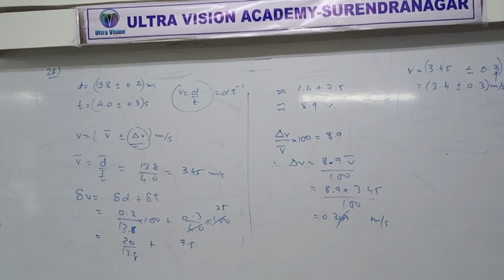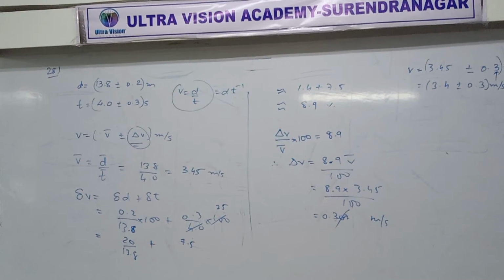The maximum permissible error in G is, okay, so we want to find maximum. Permissible means possible. Maximum possible error in G. Got it?